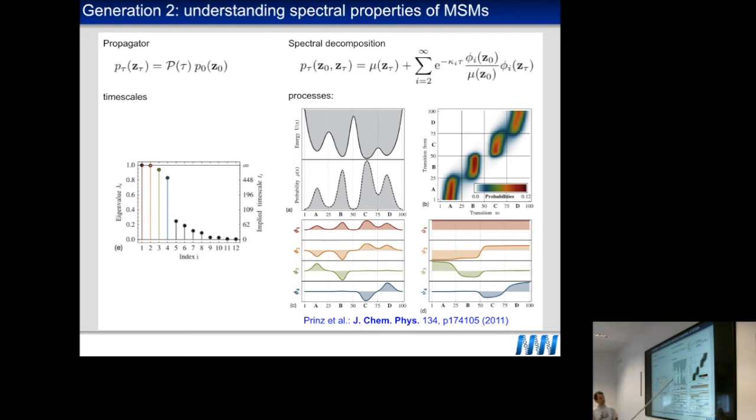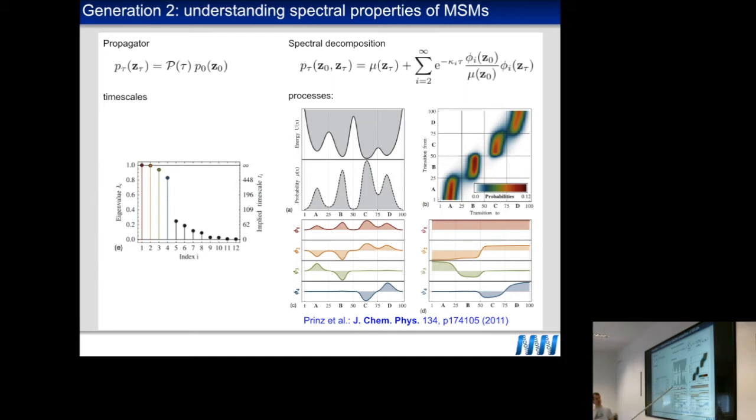Let us look at this example here. This is a potential with 4 wells, and we imagine that we have just a diffusion in this 4-well potential. So we have a dynamics which runs around here in the minima, likes to stay in the minima, and occasionally we make a transition across one of these barriers.